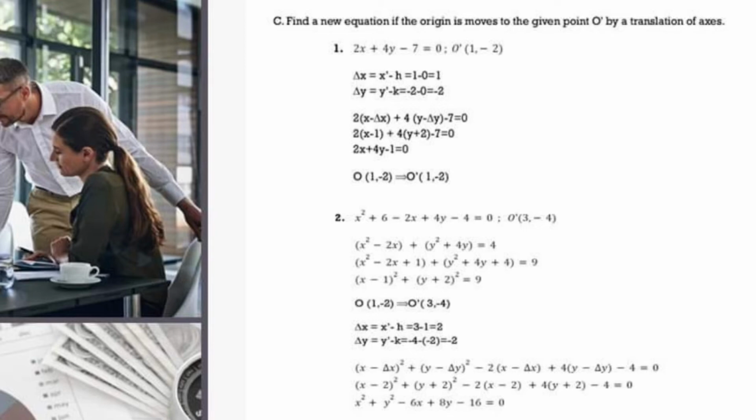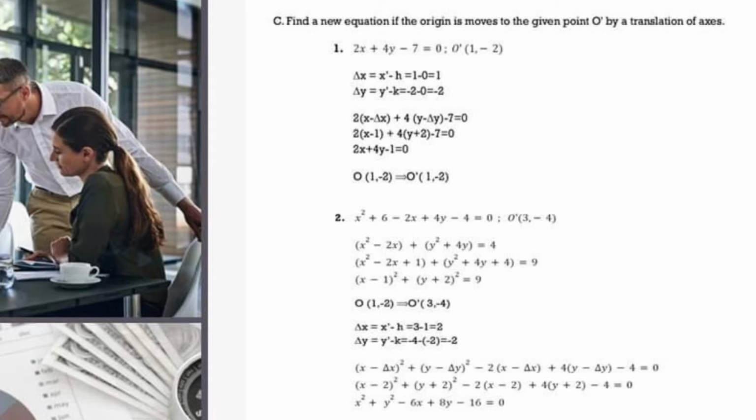And then simplify it. So we have the quantity x minus 1 squared plus the quantity y plus 2 squared is equal to 9.